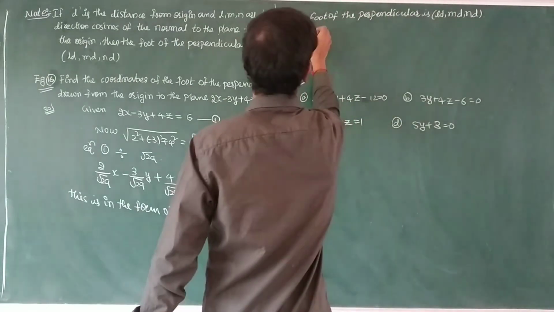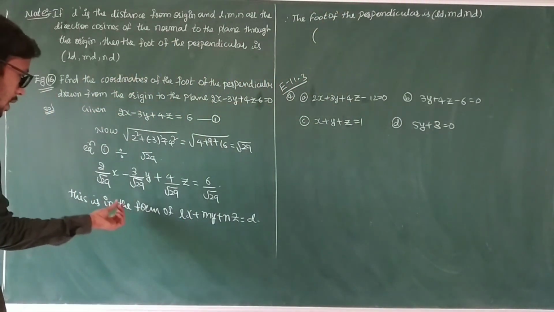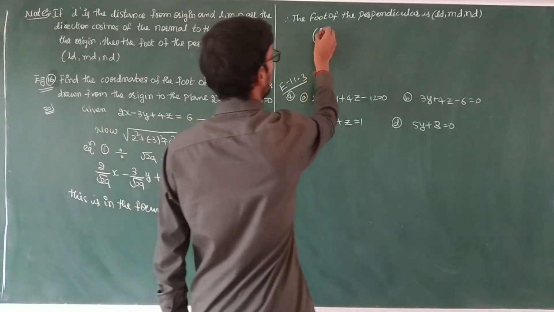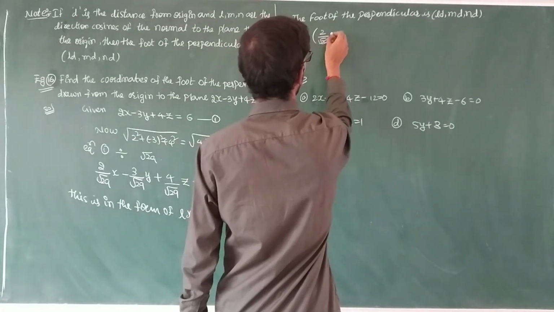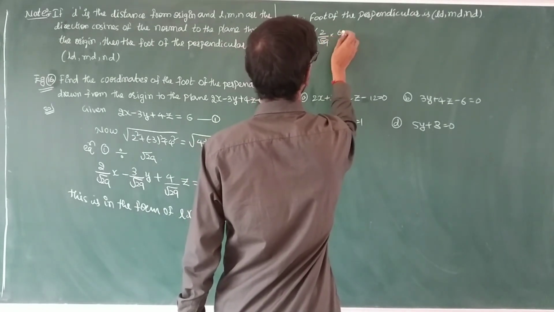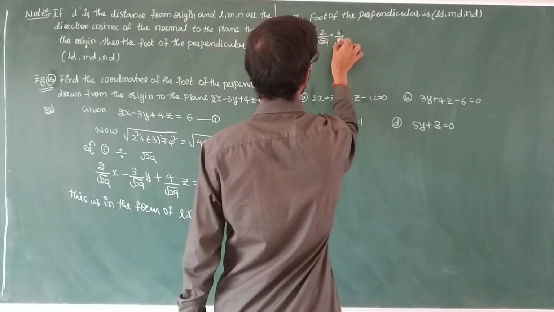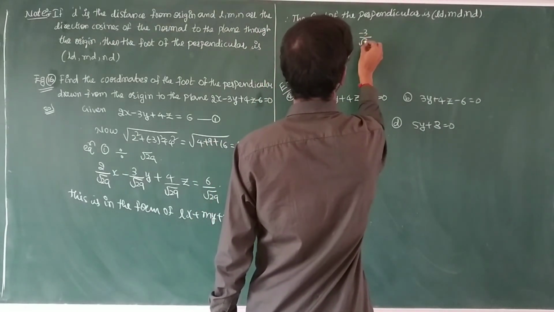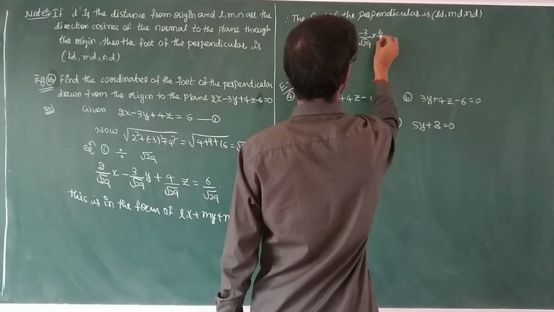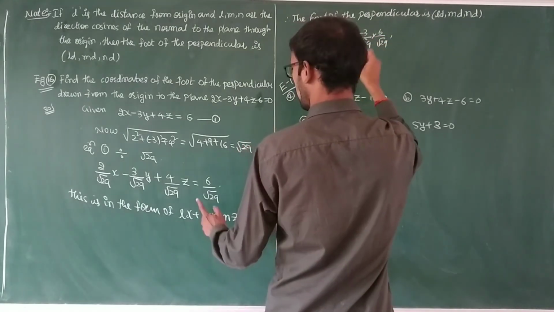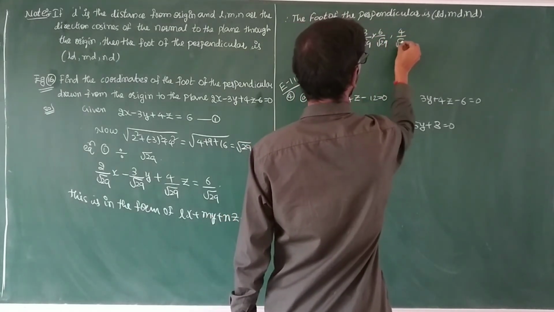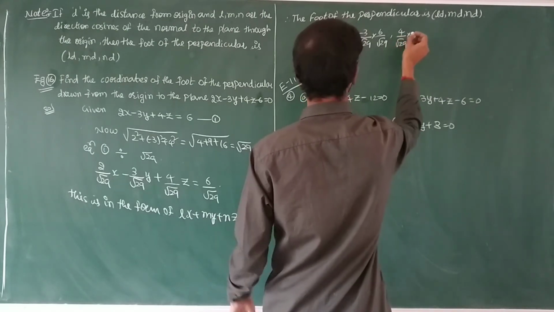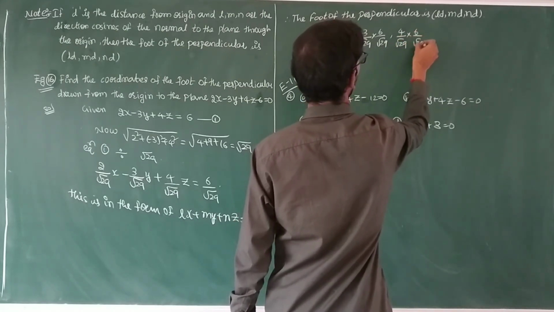So just write here: L is 2 by root 29 into D, 6 by root 29, comma, minus 3 by root 29 into 6 by root 29, comma, 4 by root 29 into 6 by root 29.